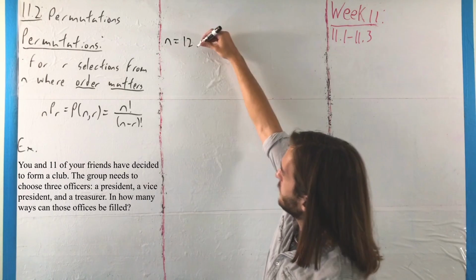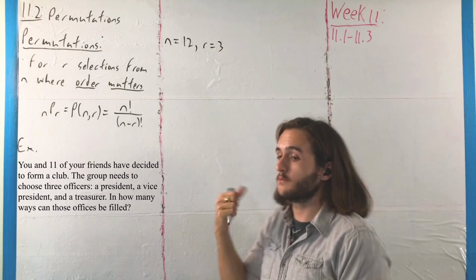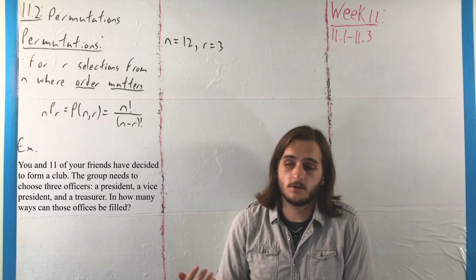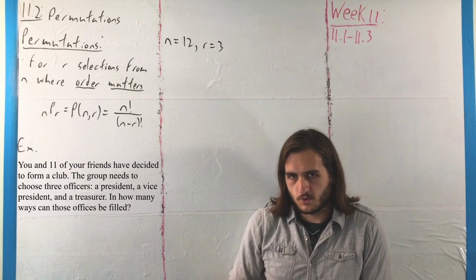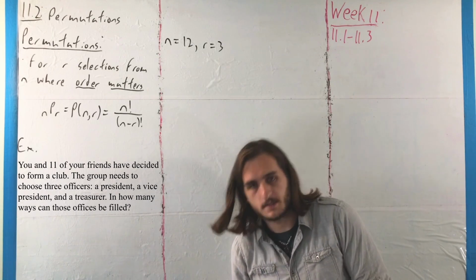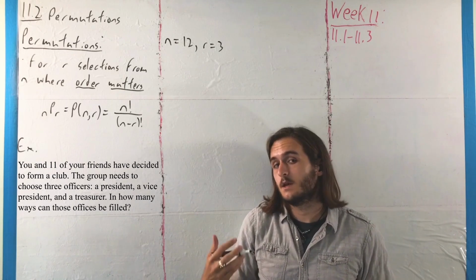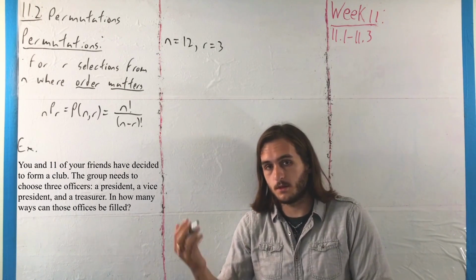You're choosing out of that group r equals 3 for president, vice president, and treasurer, where the order in which those are selected does matter because some people would rather be treasurer than president, some people would rather be president, and so on. Who gets picked first does make a difference in terms of their happiness and their role within the group.